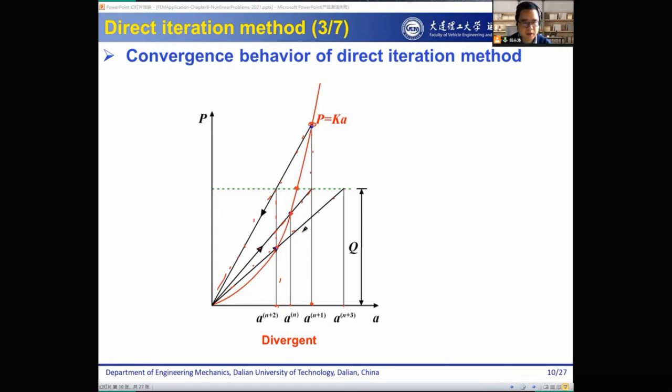That's why in the FE software, sometimes you will get a problem that it cannot converge. In that case, you should change your method. You should change to Newton-Raphson or another method and try the calculation again.